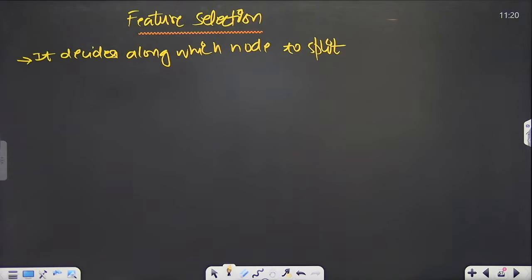Feature selection is done on the basis of two measures.